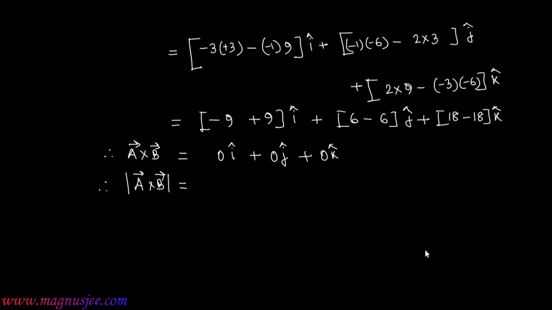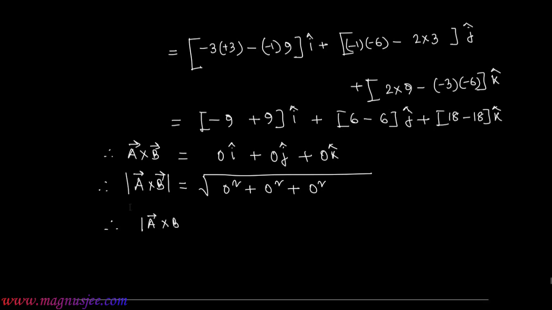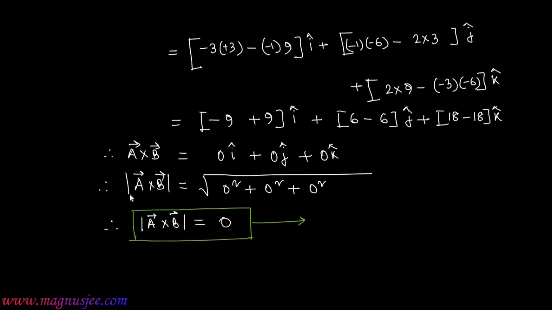Therefore, mod vector A cross vector B equals root over 0 square plus 0 square plus 0 square, which will be equal to 0. We get the magnitude of the cross product between vector A and vector B equal to 0, equation 1.